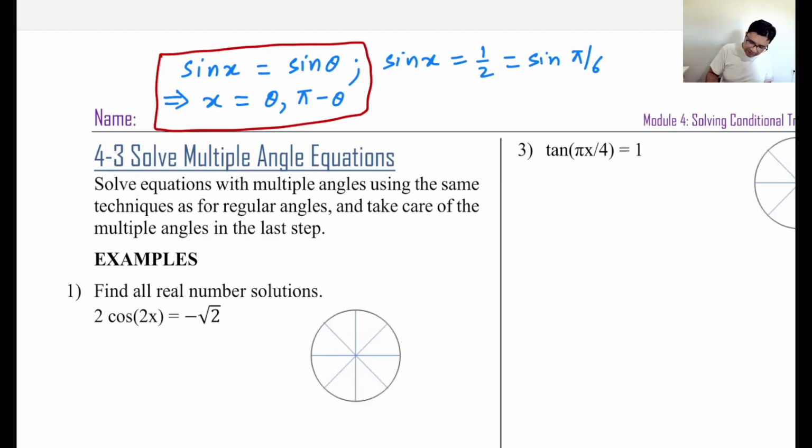And if cos x equals cos theta, similarly, the two basic solutions that you get will be plus minus theta. As simple as that. You can also say 2 pi minus theta. The minus theta is the same as 2 pi minus theta. But for simplicity, I will leave it as plus minus theta.